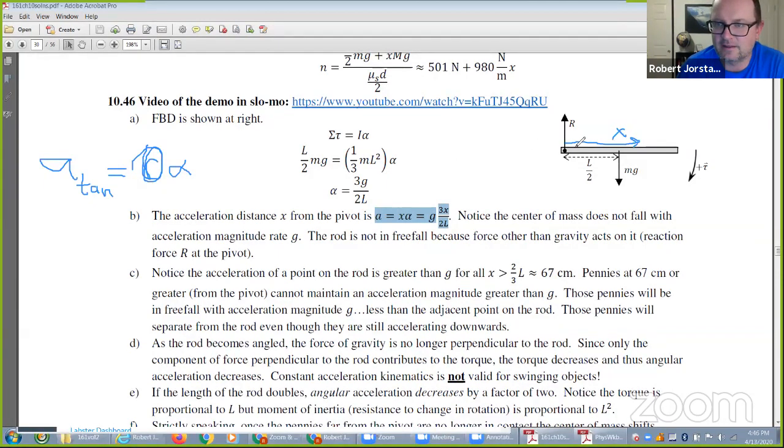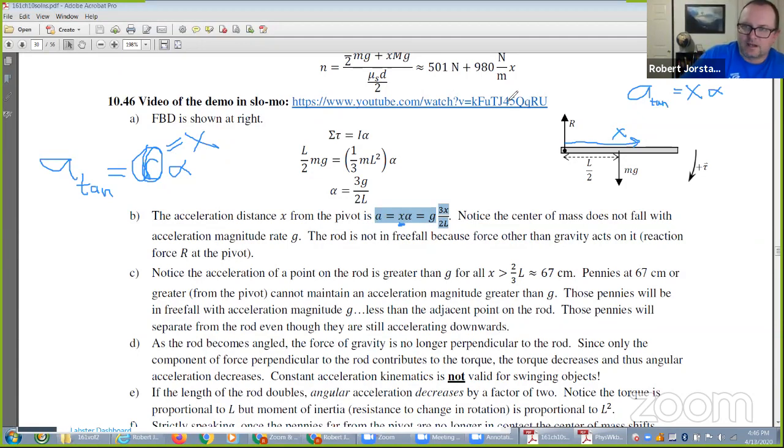X is now the distance from the pivot. So if you go over x centimeters, all you have to do is say a tan, which is the only component of acceleration present at the beginning, should equal x times alpha, and that's it. That's pretty cool.